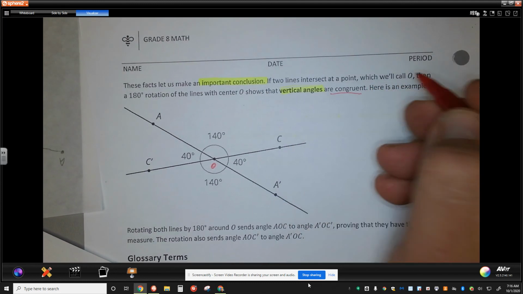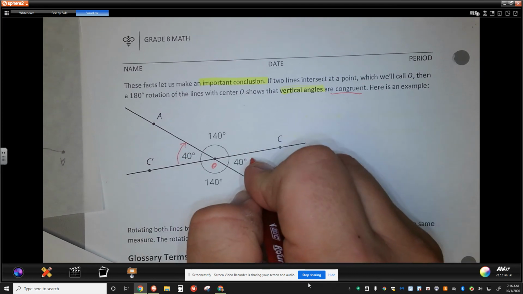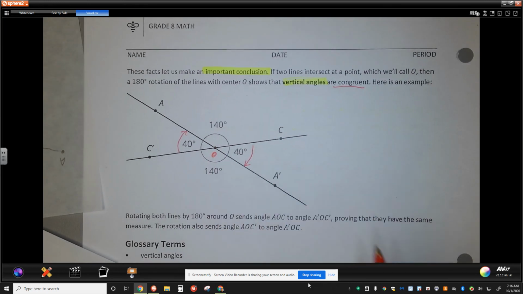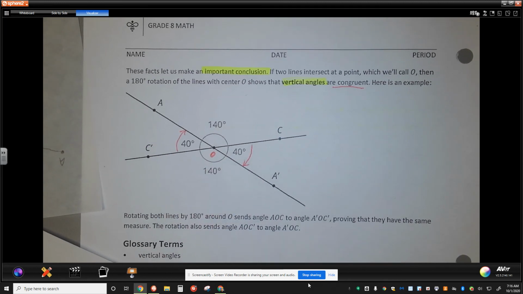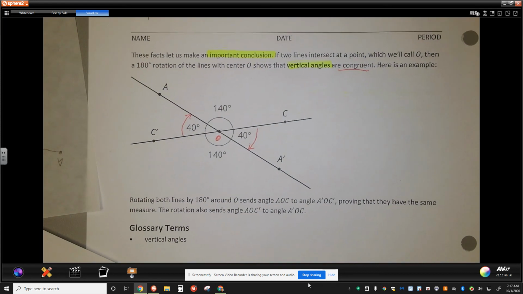Vertical angles are congruent. This angle here is vertical to this angle here. And the reason for that is because of the rigid transformation of a rotation of 180 degrees around a center. Rotating both lines by 180 degrees around a single center that's common to both lines will produce two angles that are exactly the same. So here's our introduction glossary term to vertical angles.